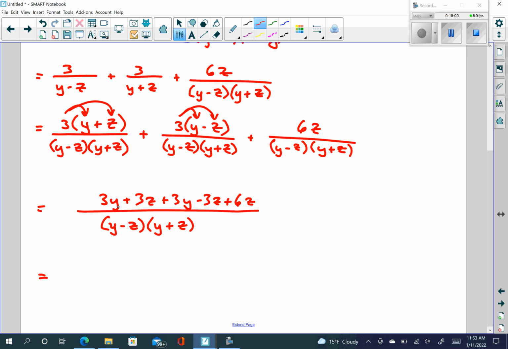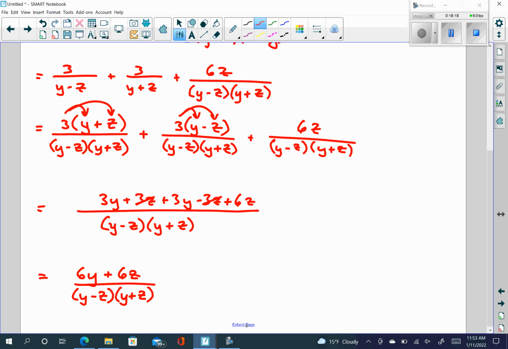Combine our like terms. Notice the 3z's are going to cancel. So we'll get a 6y. I have the 2 3y's together, 6y plus 6z over LCD.